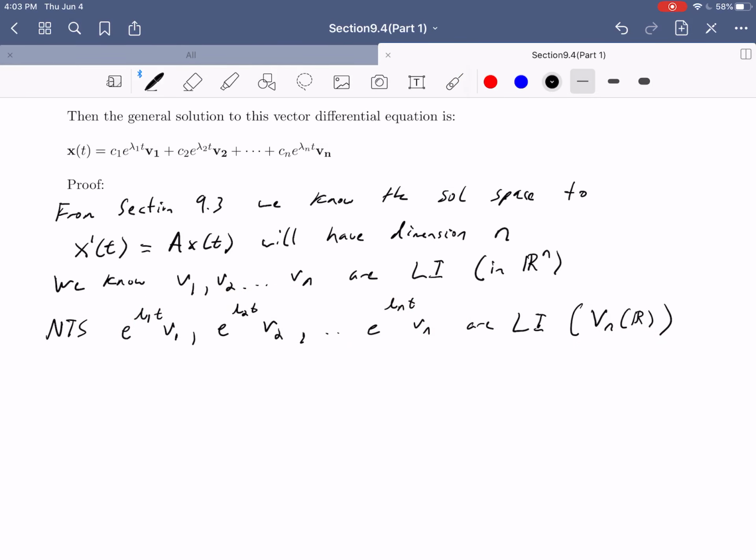Well, we use this new Wronskian that we talked about. So what does the Wronskian of these look like?